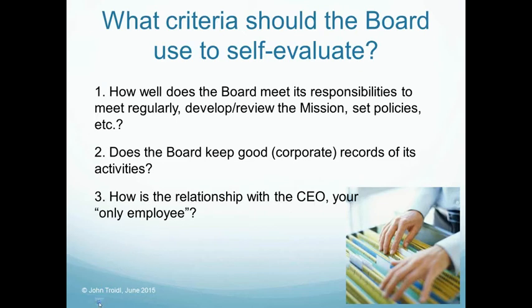Okay, so board self-evaluation. The board will want to look at how well does the board meet its responsibilities to meet regularly, develop and review the mission, set policies, etc. I know one community health center that got an unmet in one of the 3 governance requirements for the program expectations when they had their site review, because they did not really meet in December.